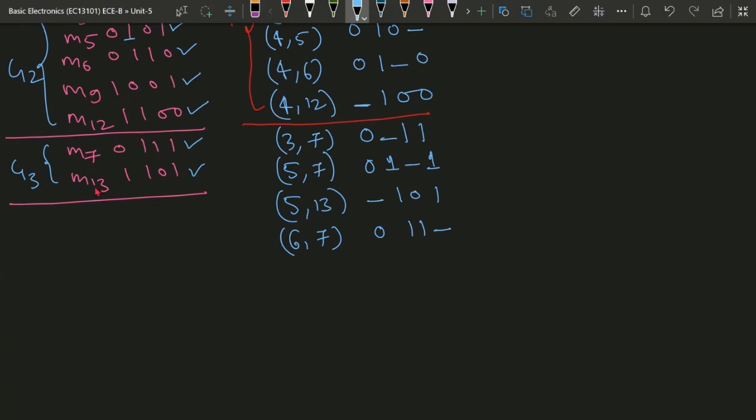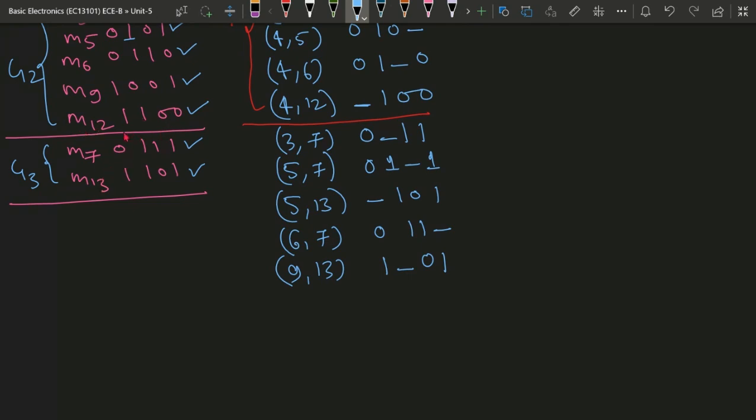M9 will be compared with M13, so this is same, this is different, this is same, this is same, so yes, it is a possibility. 9 is compared with 13: second bit is different, third and fourth are same. Now M12 will be compared with M7, so this is different, same, different, 2 bits are different, so it will not be paired.